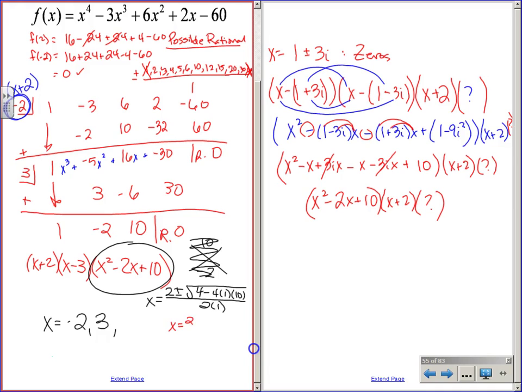X equals 2 plus or minus the square root of negative 36, all over 2. Isn't that 6i? X equals 2 plus or minus 6i all over 2. What can I do with the 2? X equals 1 plus or minus 3i.